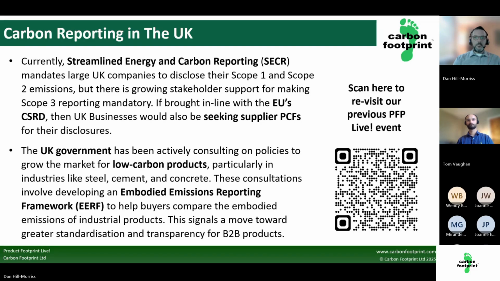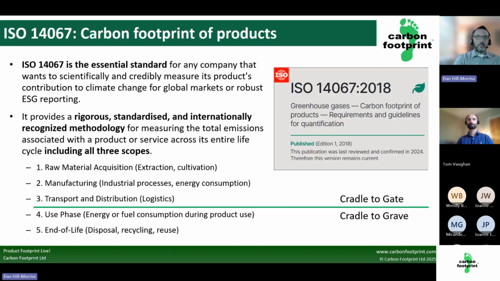As I say, QR code there, so please do go and revisit the video from April. You'll see there's a bit more information about what's required and other thoughts of best practices. But on the best practice front, we should touch on the ISO standard 14067.